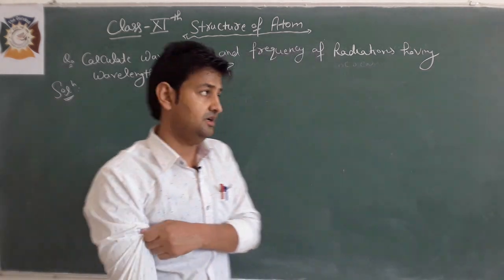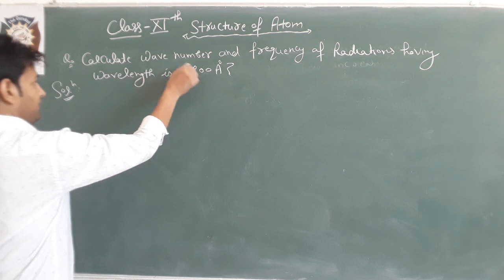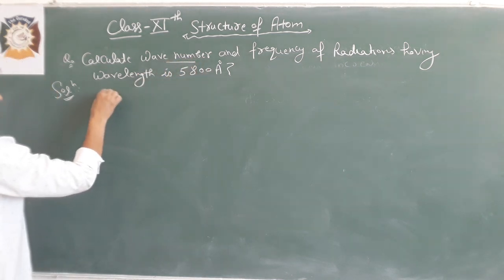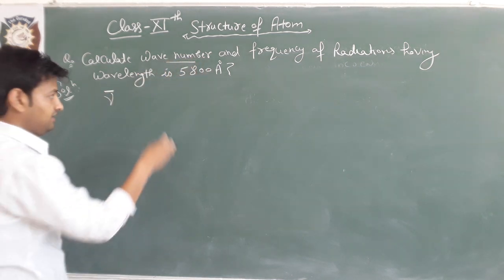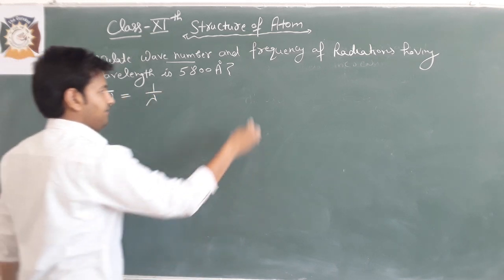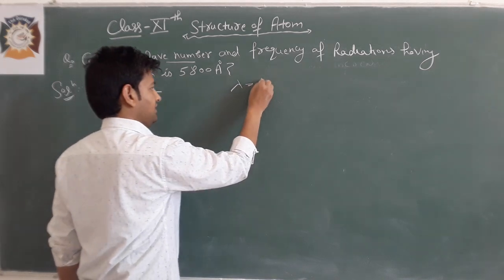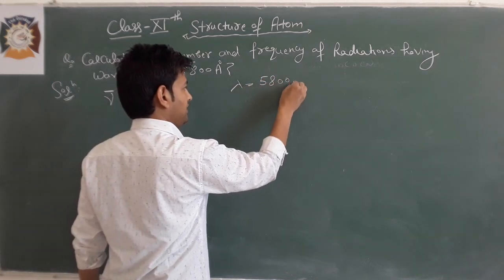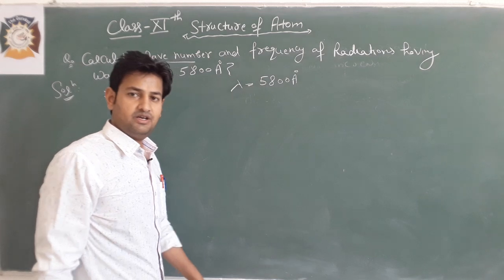We know that about wave number. Wave number is represented by nu bar and it is equal to 1 by lambda. Lambda given here is wavelength, given is 5800 angstrom. It can be converted into meter.